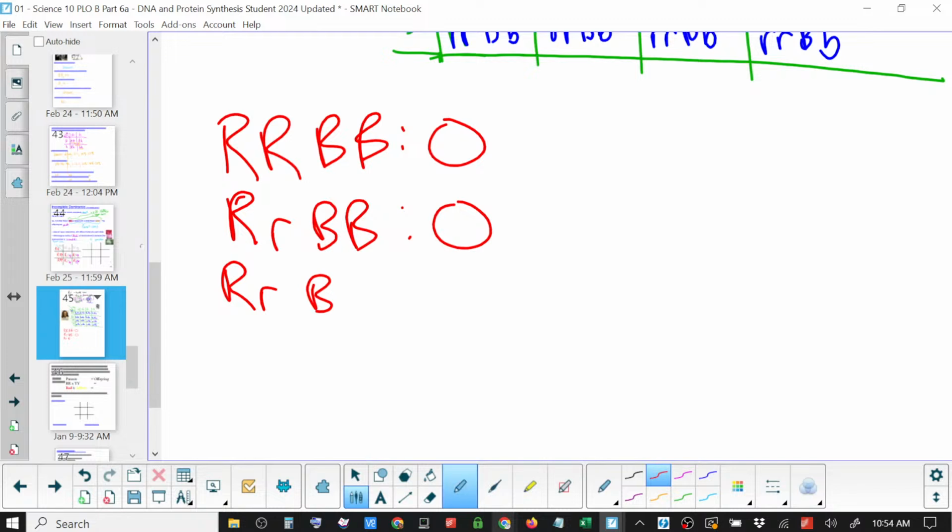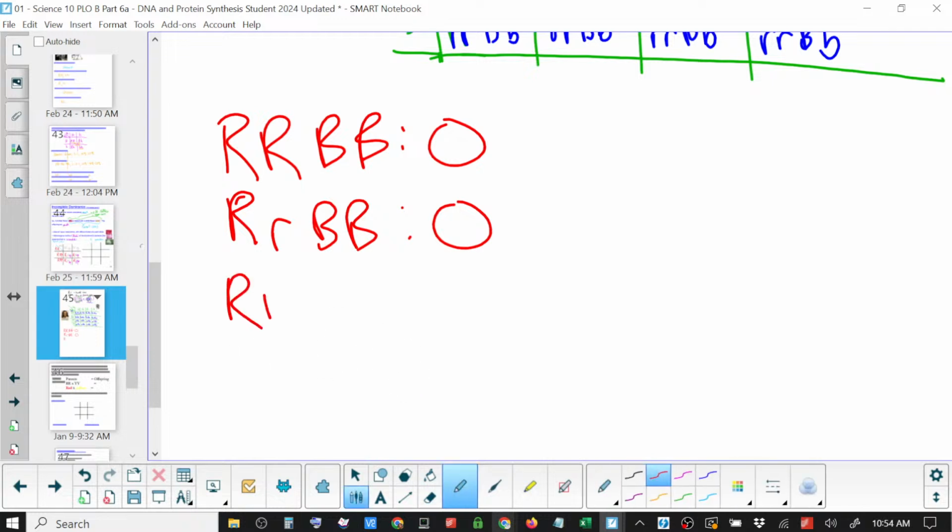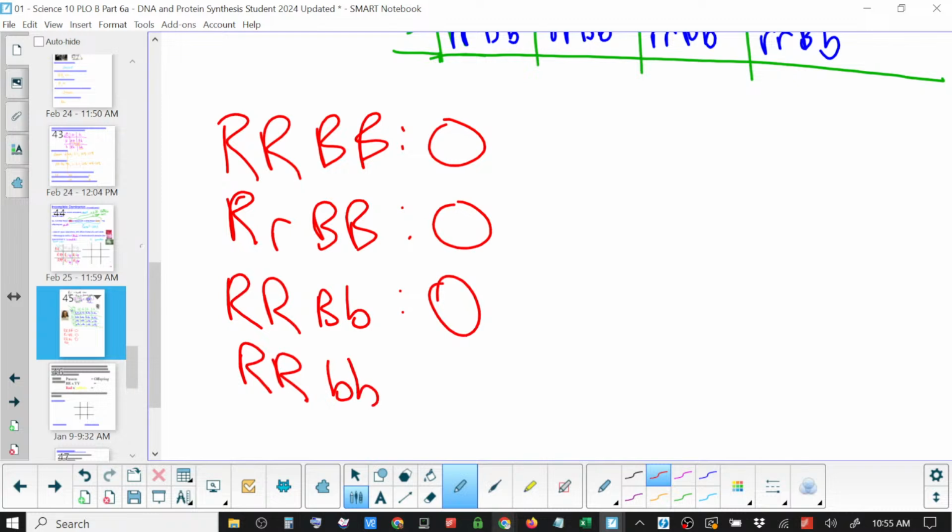If I have R, B, how many are like that? R, little b. So there's a lot of types that just get eliminated right away.